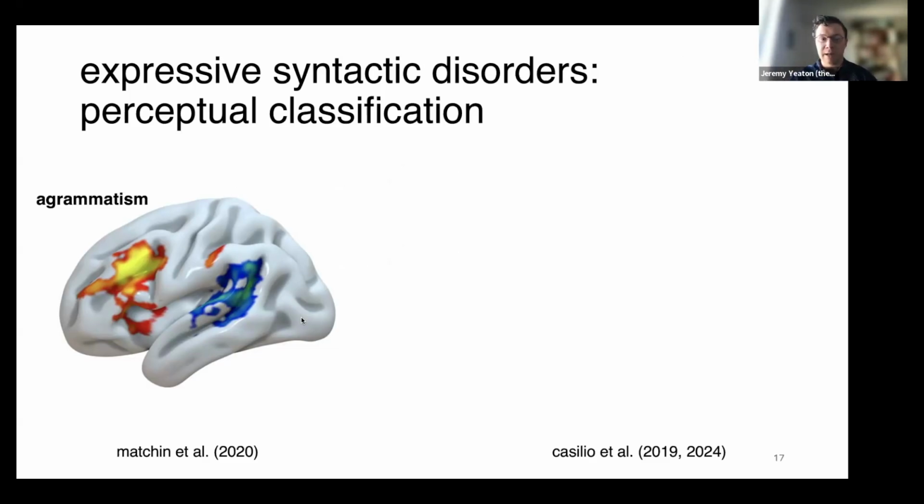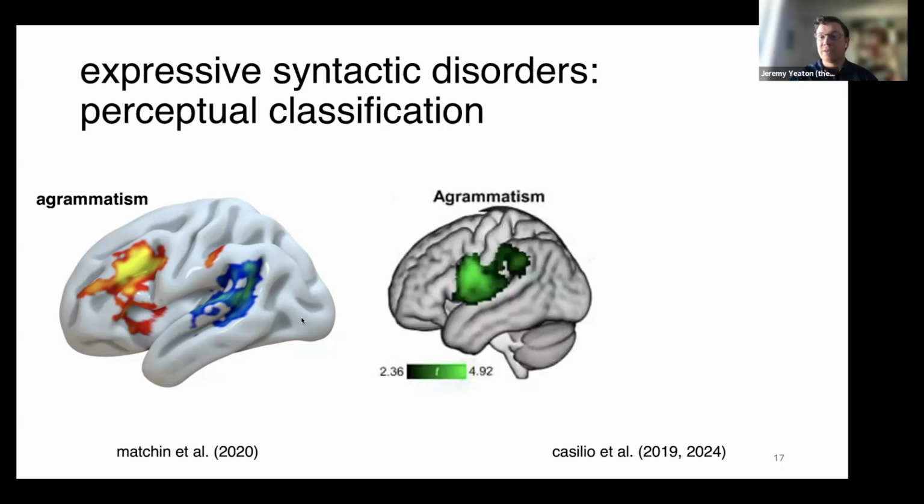They found that those who were agrammatic consistently had a frontal, inferior frontal lesion. And then Casilio and colleagues, using a system that they described in 2019 and then reproduced in 2024, found that the people they perceptually classified as agrammatic had a somewhat similar lesion, but a little bit more posterior, with high agreement between raters.